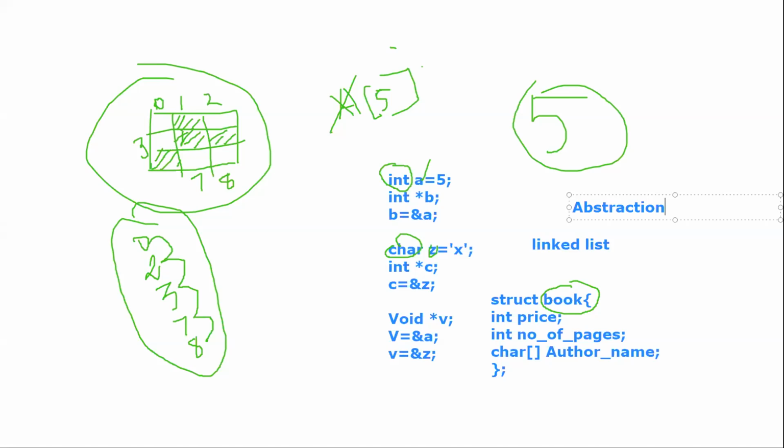Or I can say this one, I'm using the int add. So this is an example of abstraction, a function prototype. I can tell from this function, it is an add function.